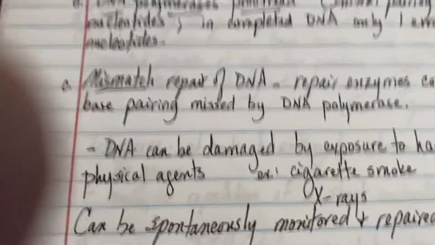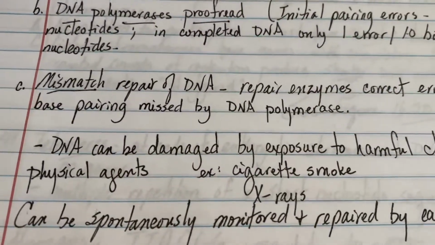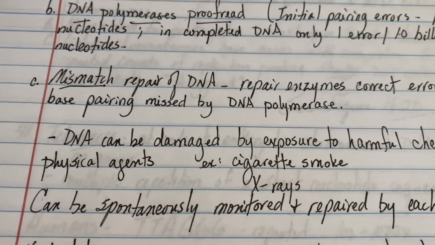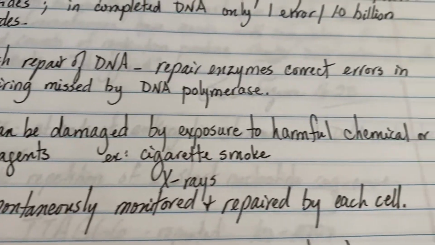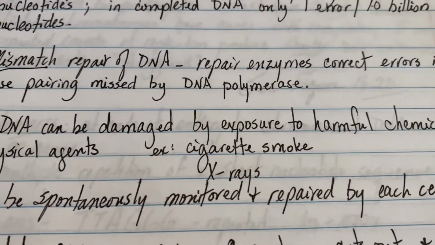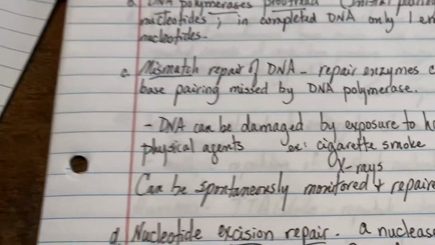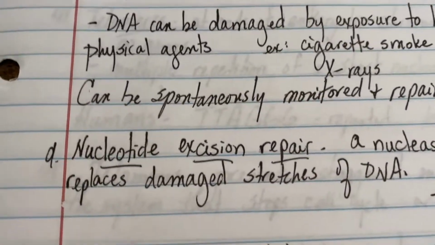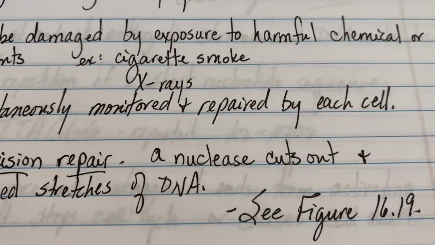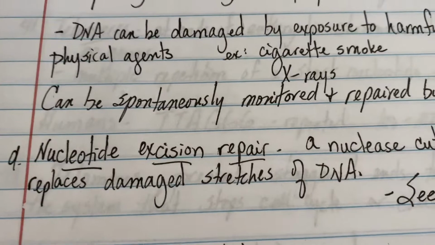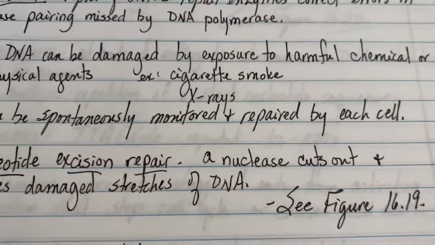DNA can be damaged by exposure to harmful chemical or physical agents like X-rays, UV rays, cigarette smoke, and it can be spontaneously monitored and repaired by each cell, which is kind of interesting, and that's for your entire life. One way is called nucleotide excision repair. An enzyme called a nuclease will cut out and then replace the damaged stretches of DNA. Have a look at figure 16.19, okay?